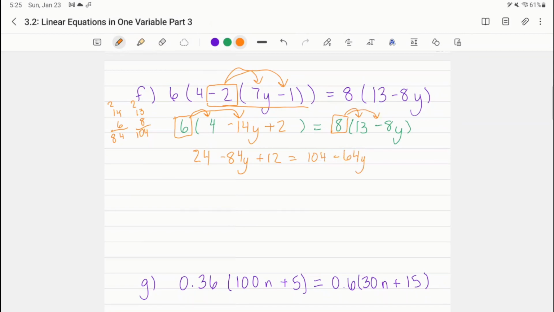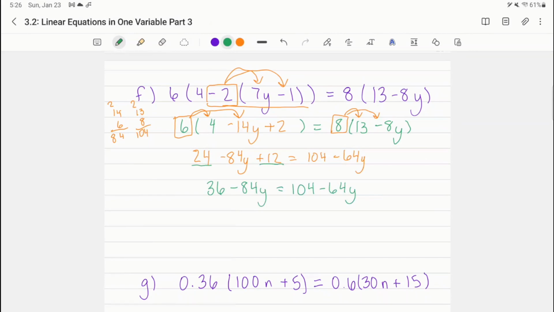Okay. Now when I'm looking here, I see that I have like terms on the left-hand side. So 24 plus 12, which is 36. Then minus 84y equals 104 minus 64y.